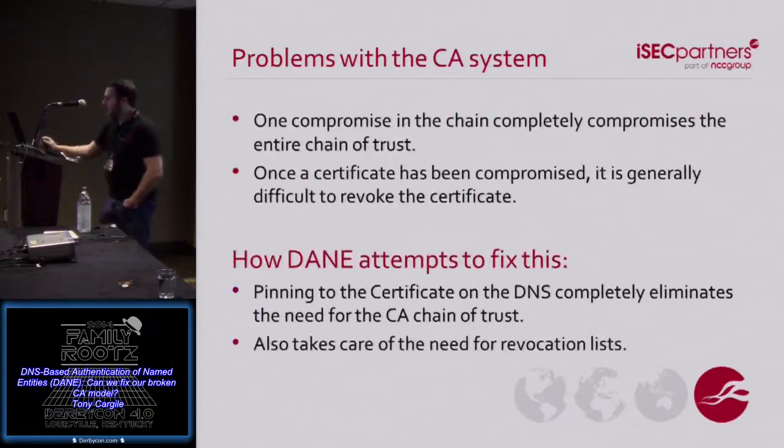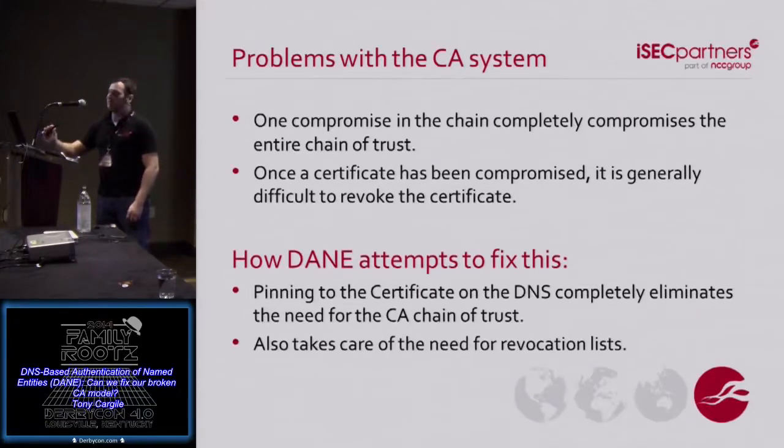So these two examples kind of highlight the problem with the CA system that I see right now. One is that any compromise in the entire CA system compromises every single user that uses the CA system to verify trust. And two, once the certificate has been compromised, it's incredibly difficult to revoke that certificate.